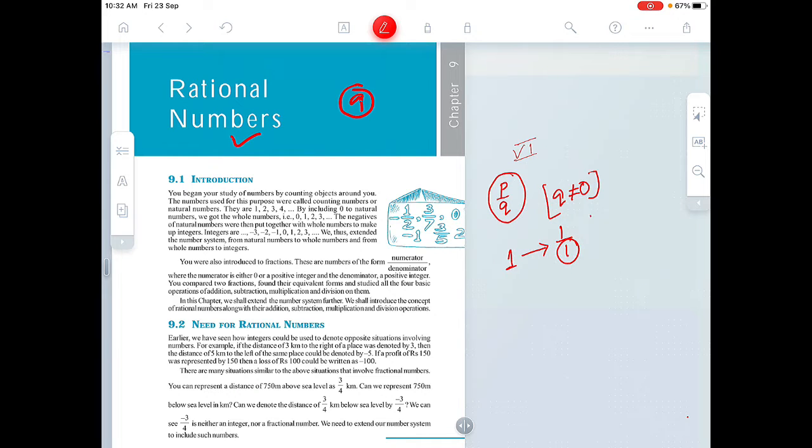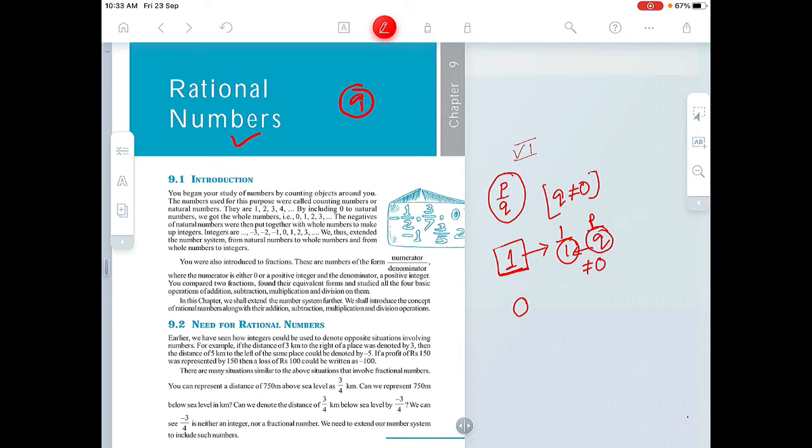Here it is in the form p by q, where q is 1, which is not equal to 0. So 1 being a whole number and a natural number is also a rational number. Whatever natural numbers or whole numbers there are, all of them can be represented in the form of rational numbers, so all of them are rational numbers.